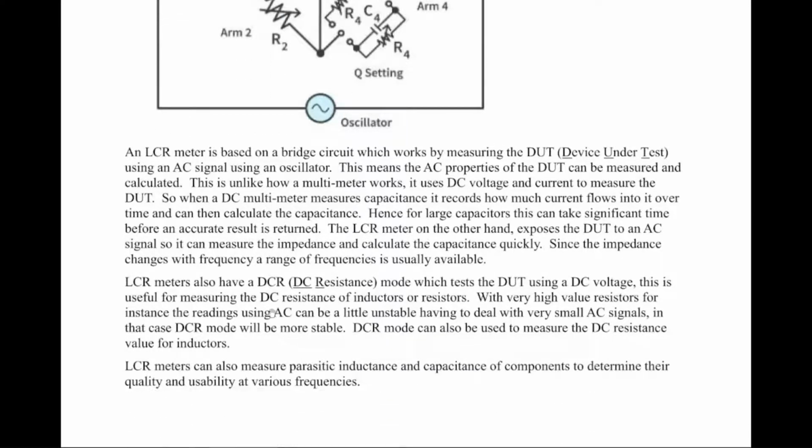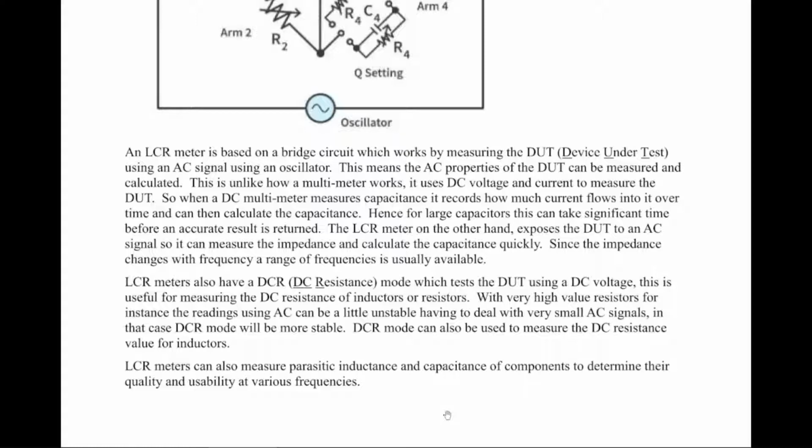If you connect a capacitor to a multimeter, it actually measures the current. It applies a voltage and measures the current over time, and when the current goes down to zero or close to it, then it knows that the device, if it's a capacitor for instance, is fully charged, and then it can calculate the actual quantity of charge that has been transferred.